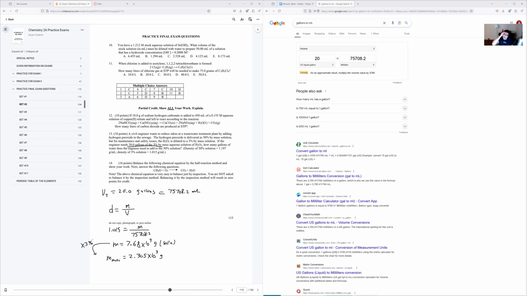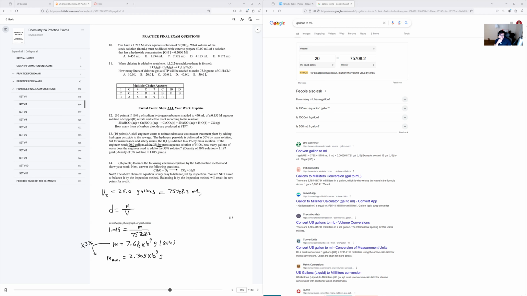Any questions so far from anyone? Okay. Again, the reason we're finding the mass of hydrogen peroxide is because all of it's going to come from the 50% by mass solution. And then we're going to see how much we have to use of that. So then what we can do is take this and, do we use this in the 50% by mass solution?